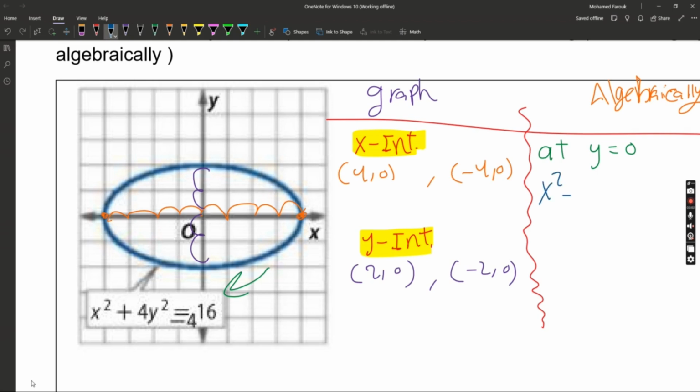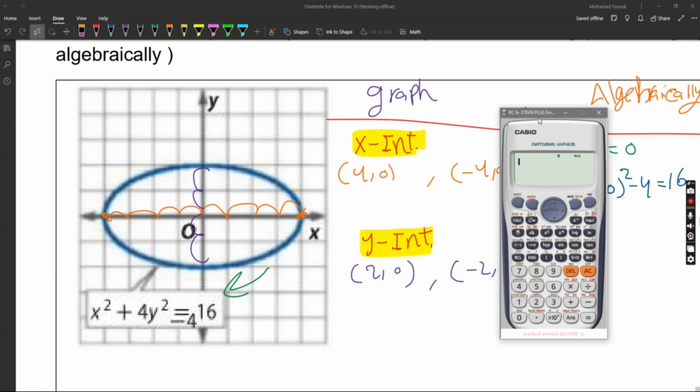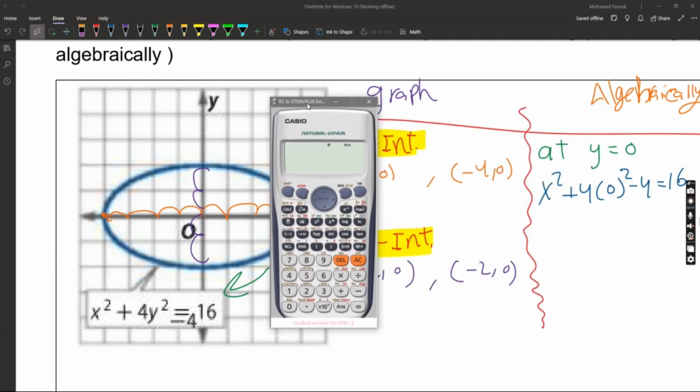So at first, we will write x squared plus 4 times 0 squared minus 4 is equal to 16. And then you will solve it with your calculator. Okay, let's see it. We will write this equation, x squared plus 4 times 0 squared minus 4 is equal to 16, and we will solve it.